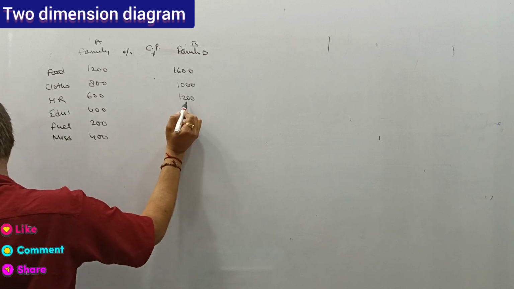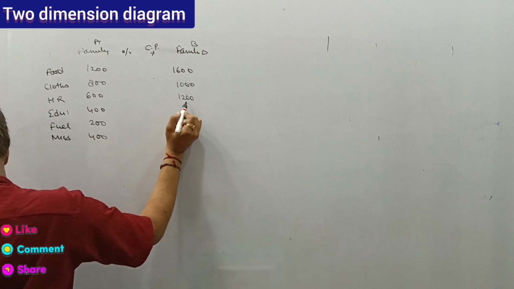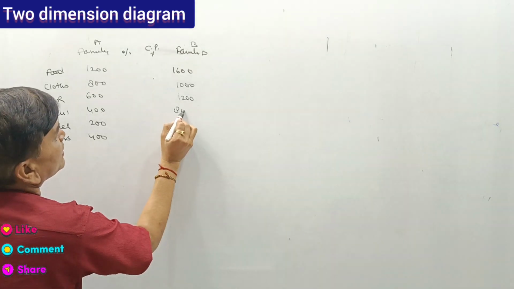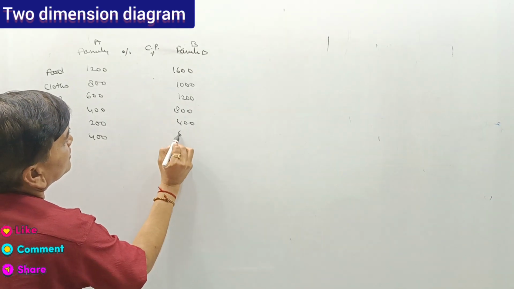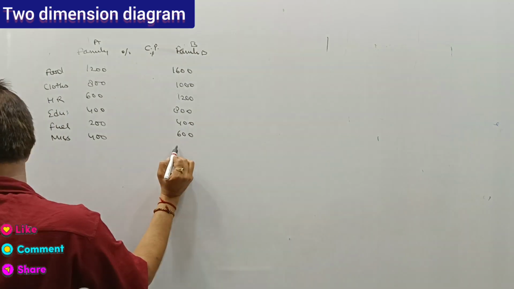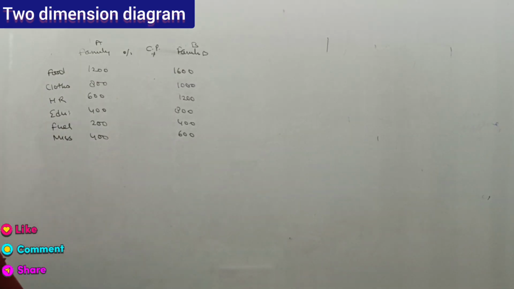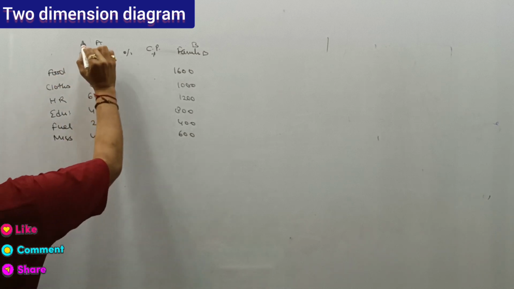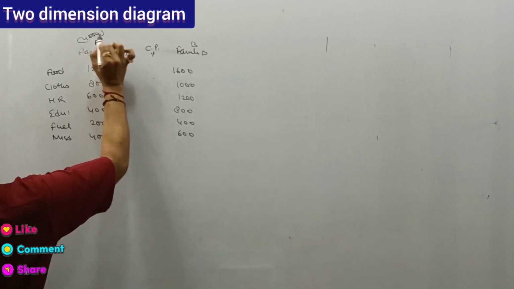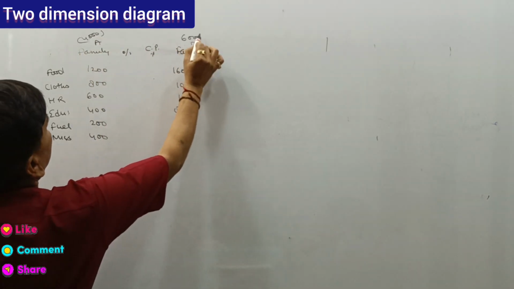Next one is 800, 400, 600, 400. The first family has an income of 4000, and this one has an income of 6000.